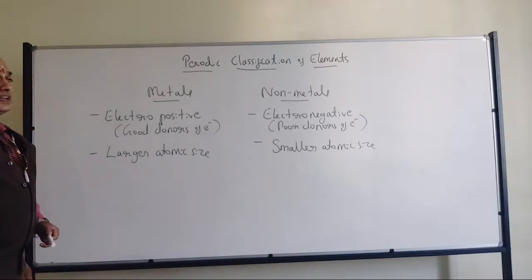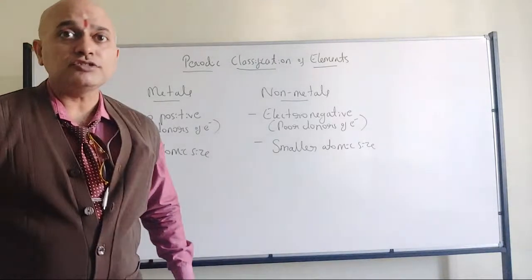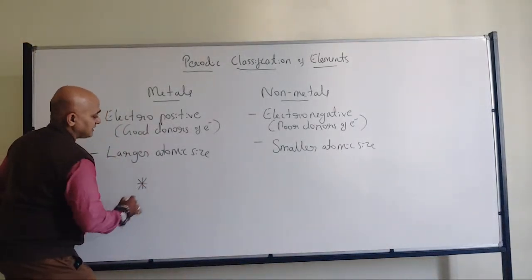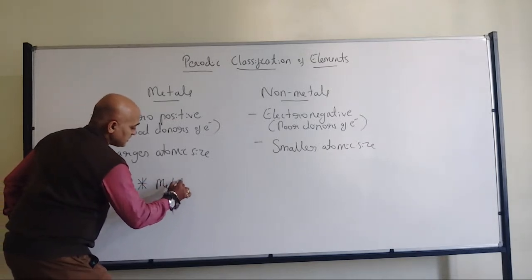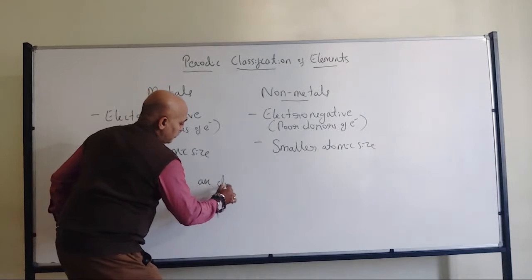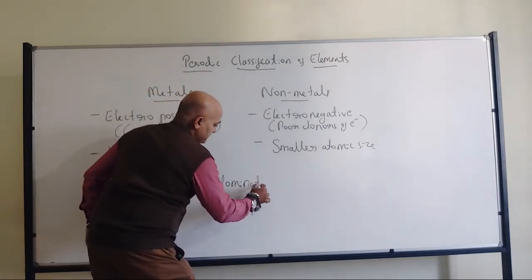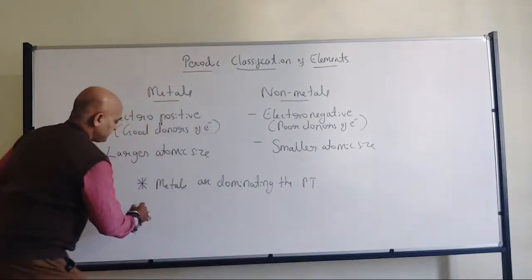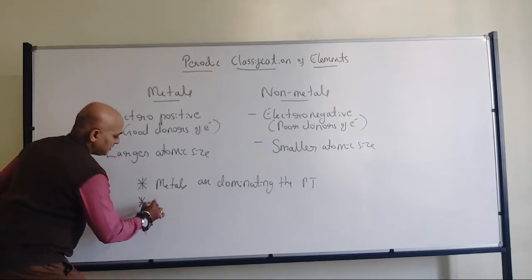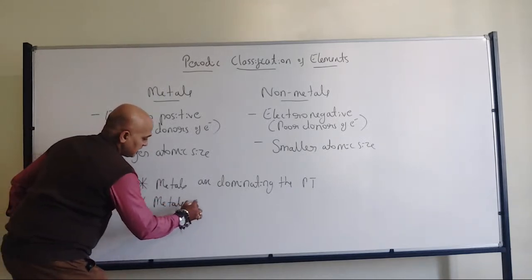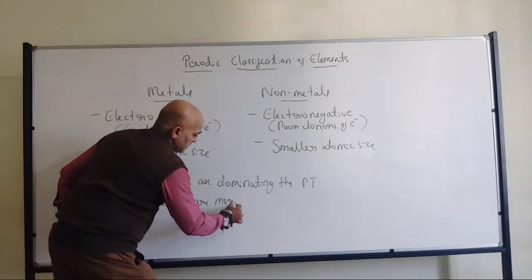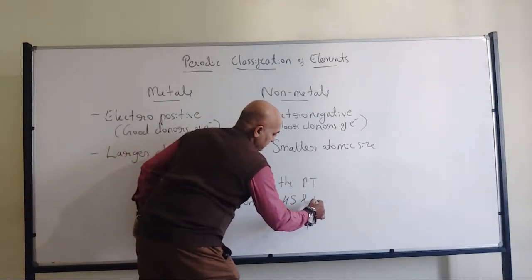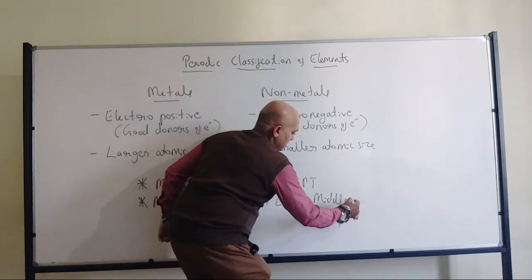Now, when it comes to the next part, in general we can tell that metals are dominating the periodic table. Metals are more on the left hand side and the middle of the periodic table.